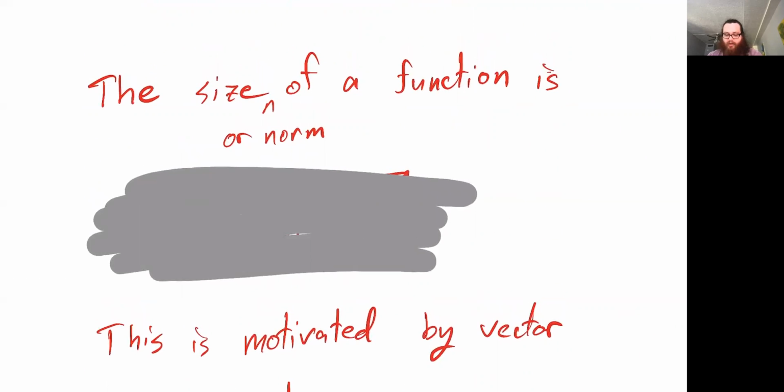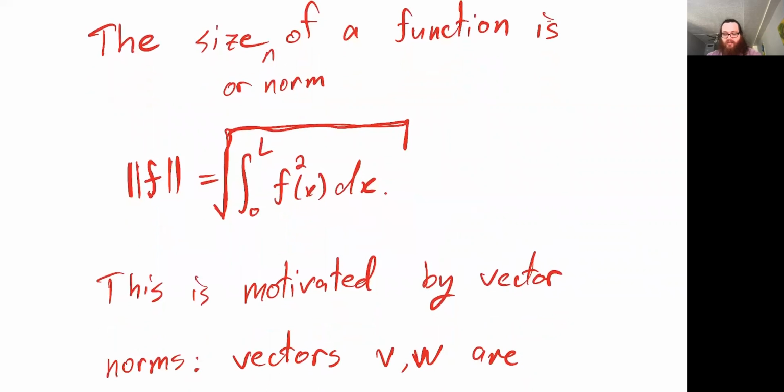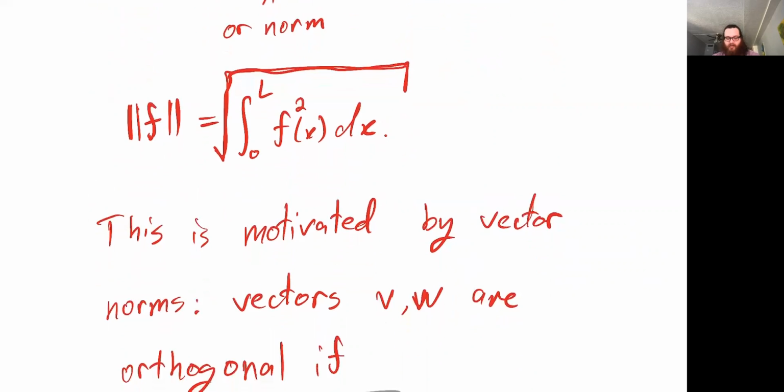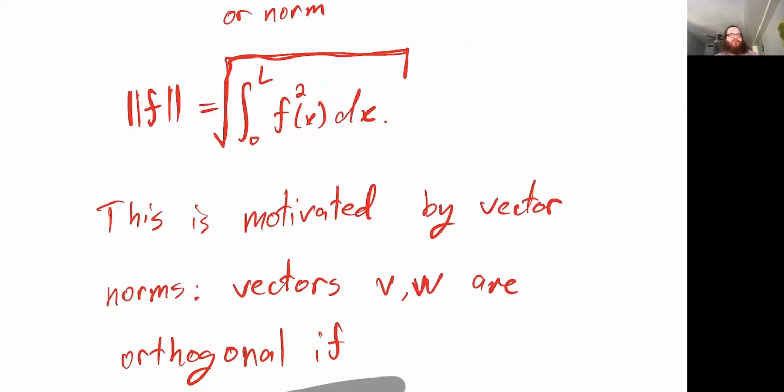And so what we can also do is use the same sort of expression to define the notion of a size or a norm of a function. The norm of a function f is going to be the square root of this integral of the function squared over that interval. So where is this coming from? Well, one motivation is coming from vector norms.